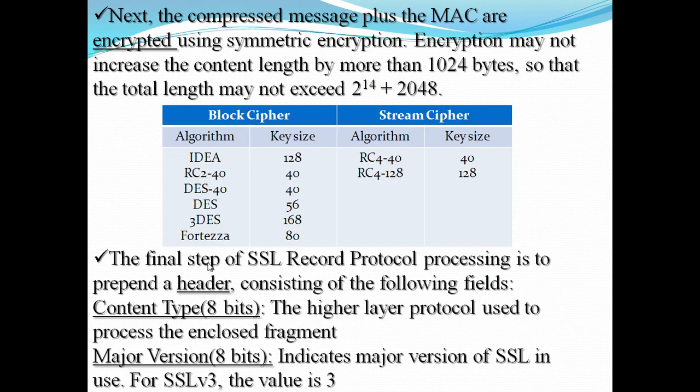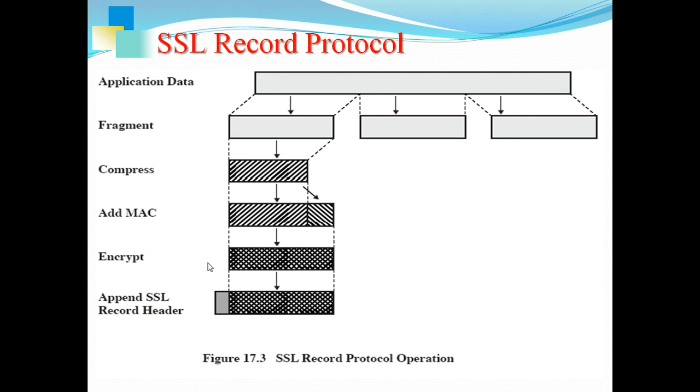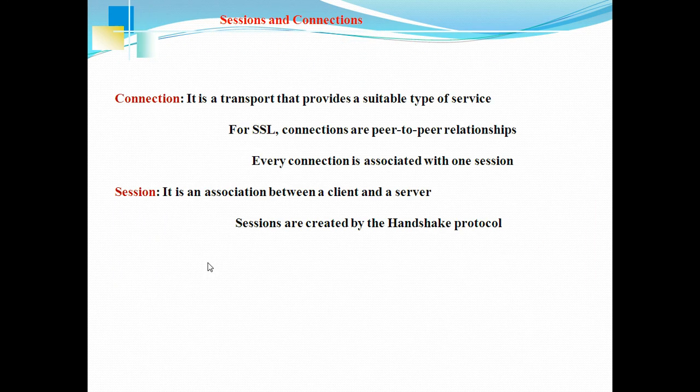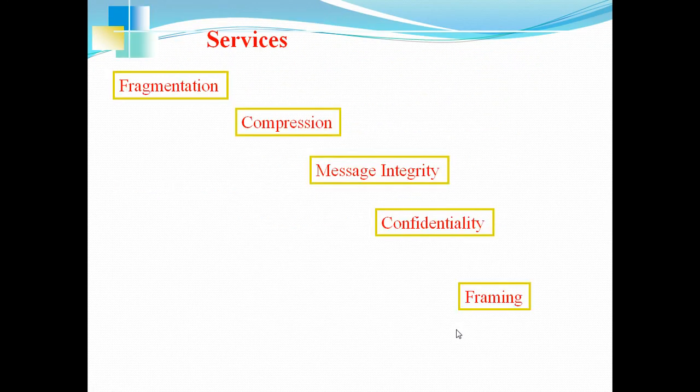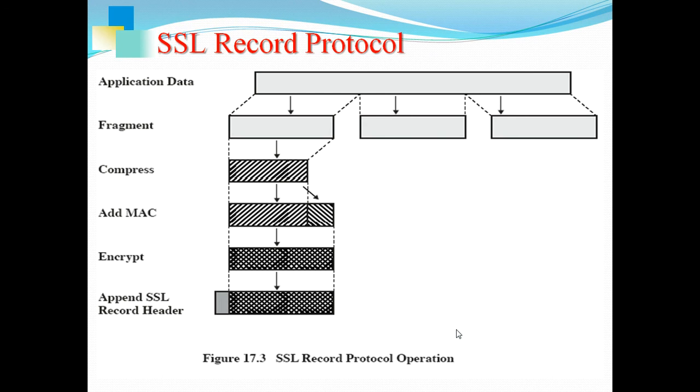So today we saw once again the SSL record protocol. The SSL architecture has two levels of protocols: SSL record, handshake, change cipher spec, and alert. Today we discussed the SSL record protocol, which is very popular. The record protocol first divides data into fragments, then compression, then adds MAC, encryption, and header addition.